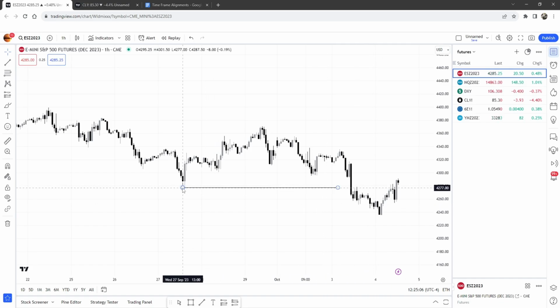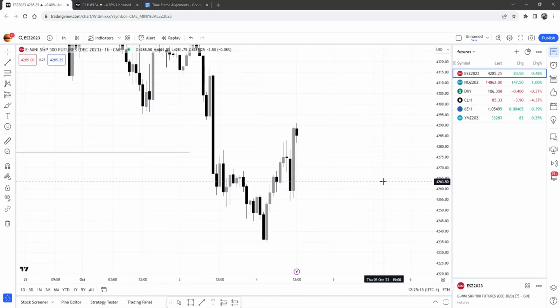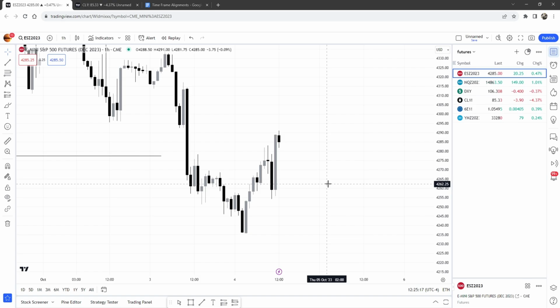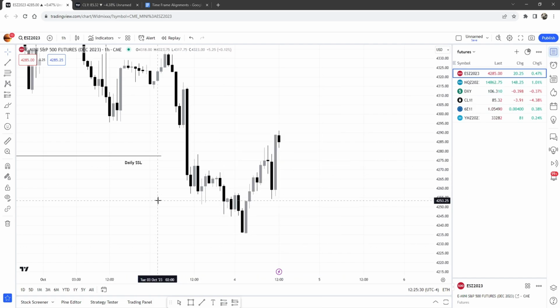We want to be using unmitigated areas. Now let's see what happens at this daily swing low. Let's write it out. Daily sell side there.